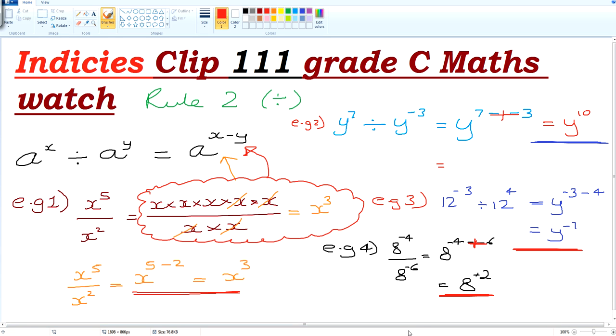So as long as you are careful with your negative signs, division is not a problem. So here comes your questions for you to practice now. We have y squared divided by y cubed.